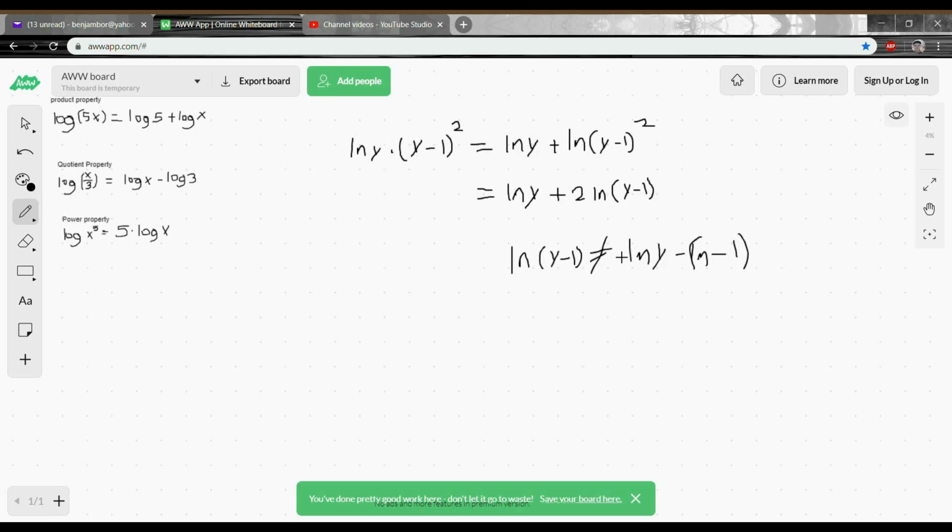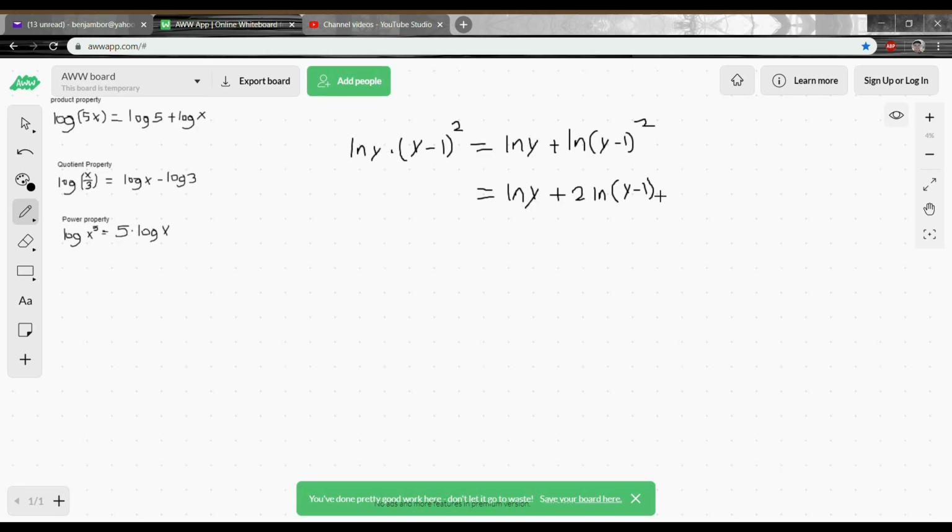There is no distributive property that you can use with the natural log, just like we can't distribute the square root of y minus 1 into the square root of y minus the square root of 1. We can't do that because there's no distributive property here, which means our fully expanded form is just the natural log of y plus 2 times the natural log of the polynomial y minus 1.